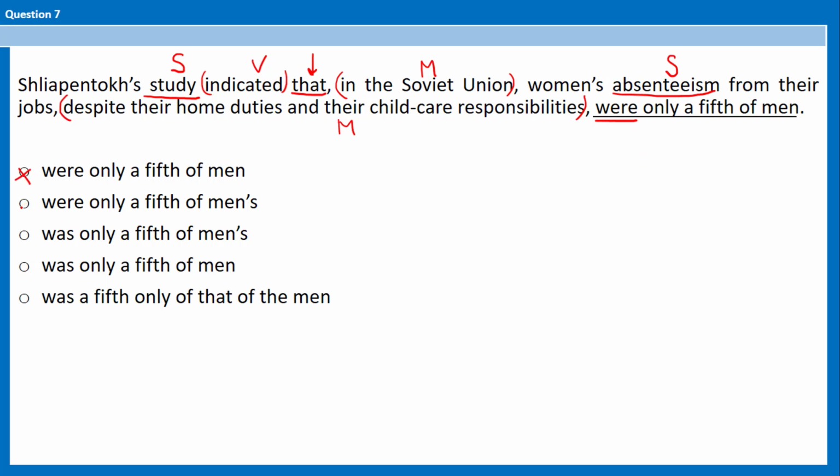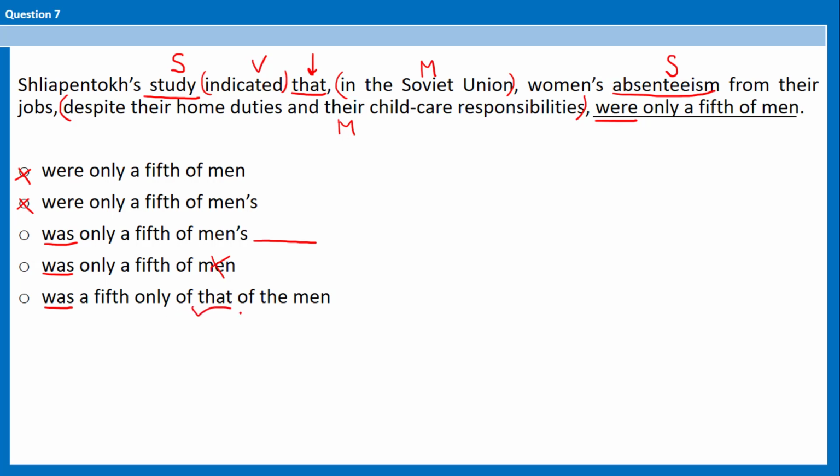Eliminate 1 and 2. So absenteeism was only a fifth of men's. You're omitting the word absenteeism, that's okay. Was only a fifth of men. That's wrong because you're comparing absenteeism to a fifth of men. Was a fifth only of that of the men.